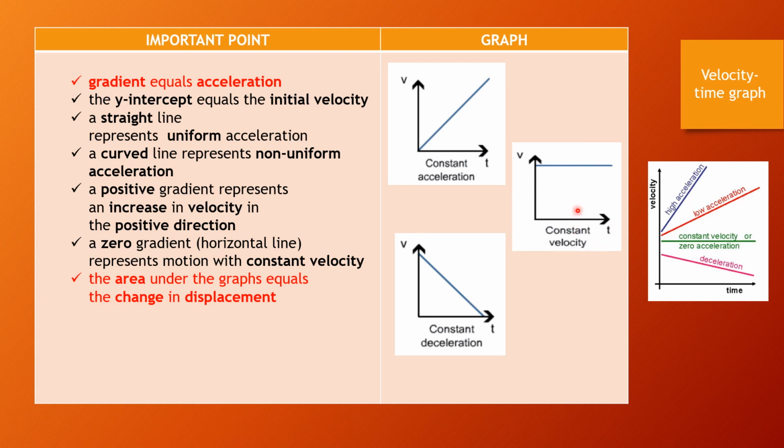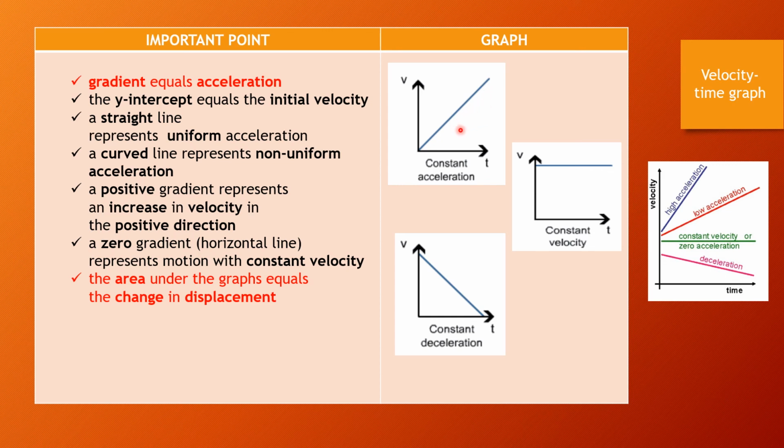In this graph, there is a straight horizontal line on a velocity time graph, which means that speed is constant. It is not changing over time. There is movement at a constant speed. The area under the graph equals the change in displacement.